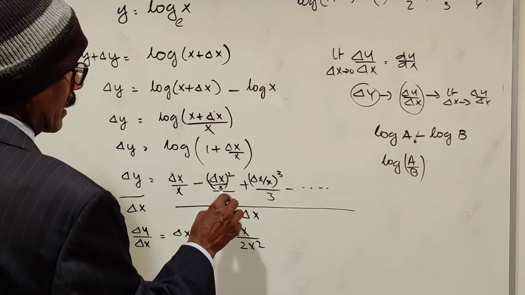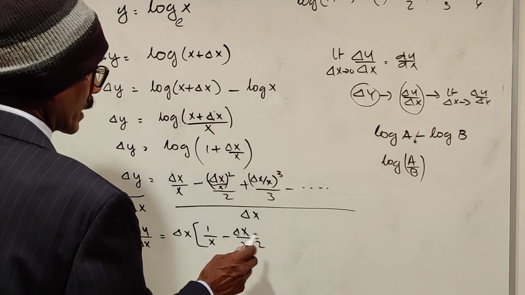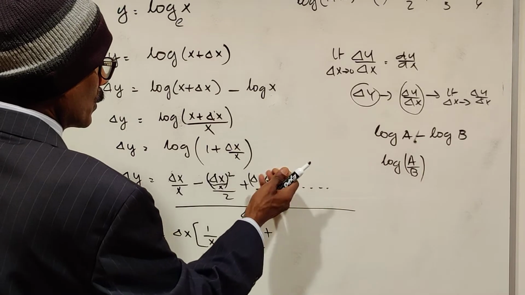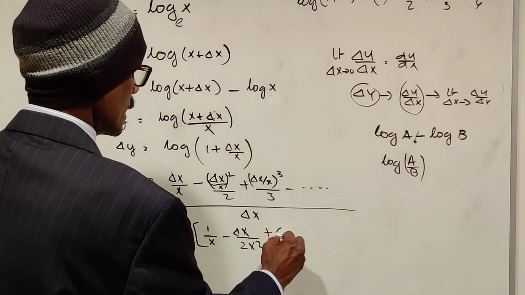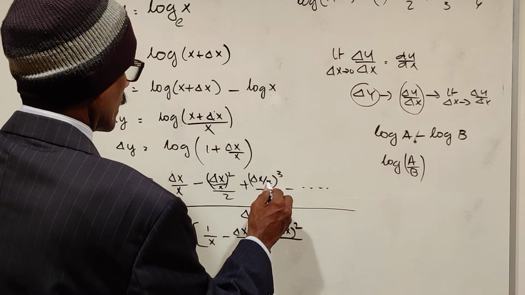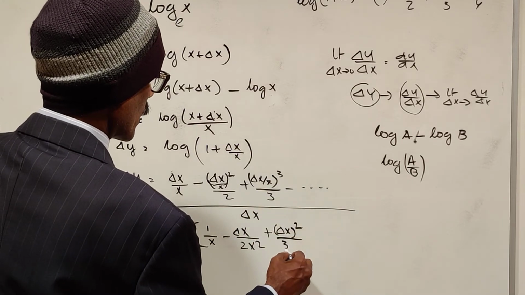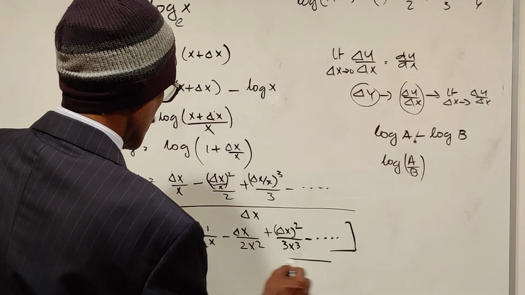Then plus delta x cube. You are going to take out one delta x outside, so delta x the whole square by 3x cube, minus etc., all divided by delta x.